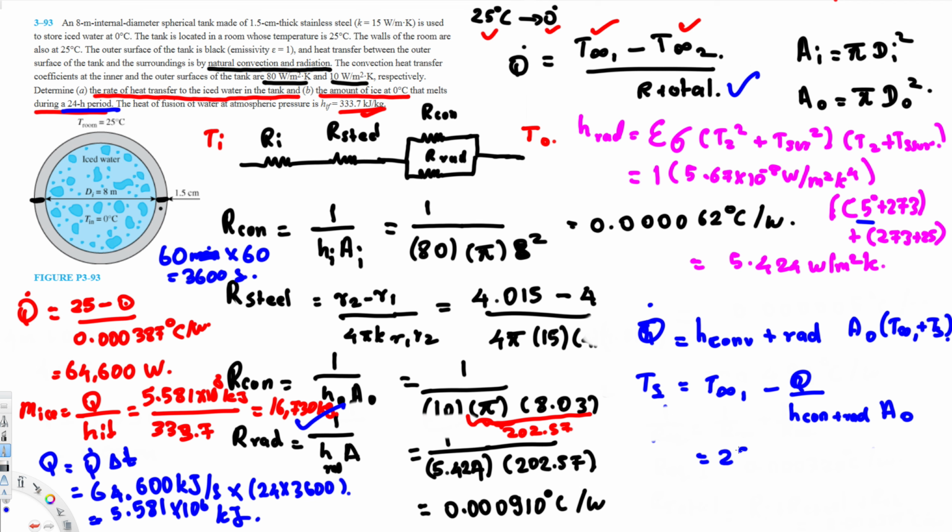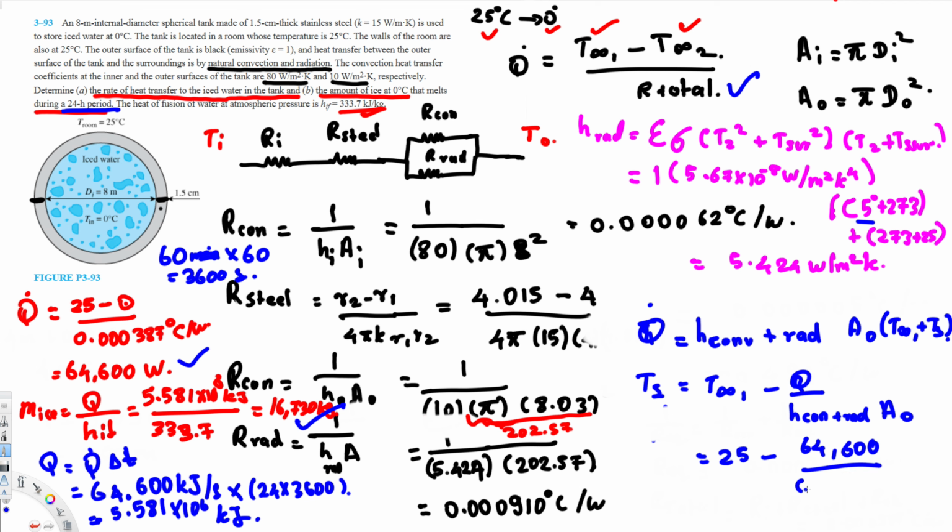That's going to be 25, this is initial, minus Q, that is 64,600 watts. We calculated that one right here, divided by h convection plus radiation.